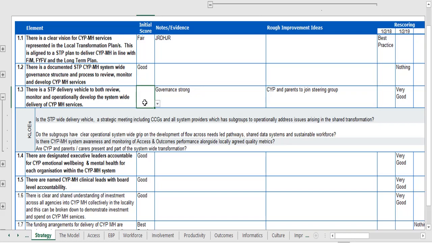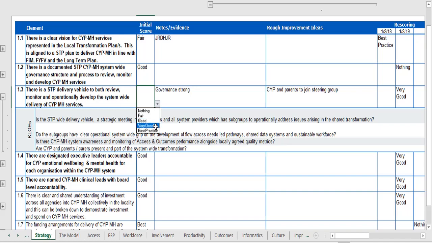So then we come to your scoring, and this is a self-scoring position. Either there's nothing in place, so you don't think you've got any delivery vehicle, there's not a structure there, though it's unlikely that any of you are going to say that. Fair, where you might have some provider-led meetings but nothing that really brings things together as a system. Good, where you're comfortable that you've got an STP delivery vehicle.